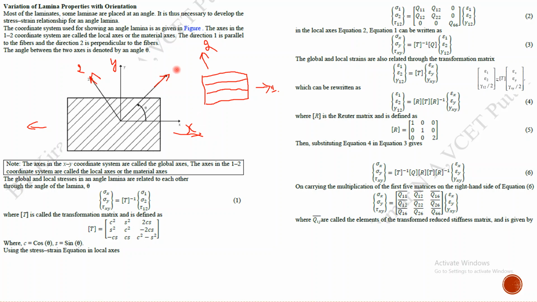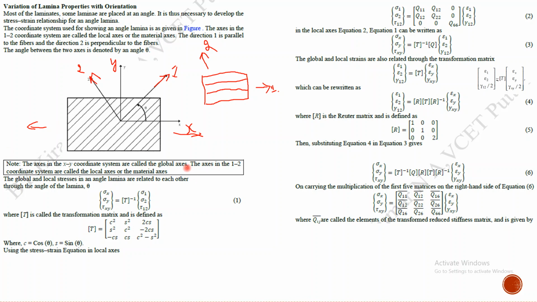But if you want the stresses and strains in the other directions, then we should go for the global coordinate system. That's what we are going to do in this derivation, that is, the lamina is oriented in a different direction. That is what we are going to consider right now.